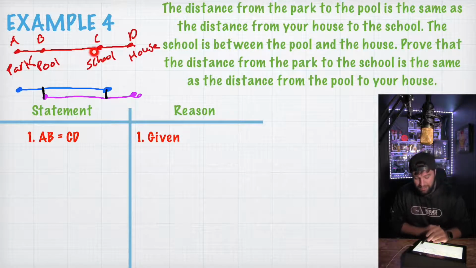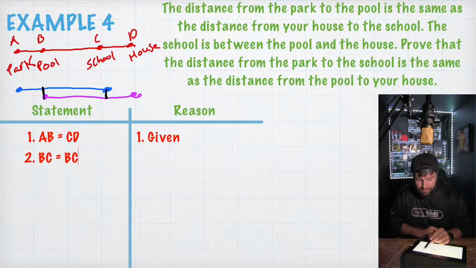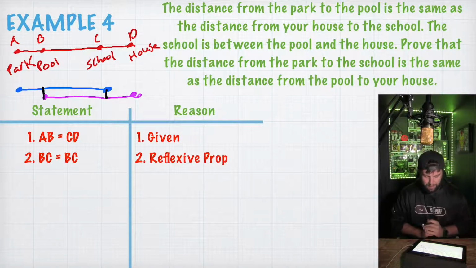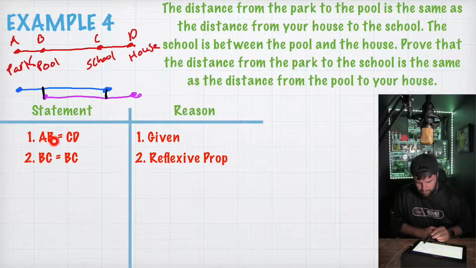So I'm going to suggest we set BC equal to BC so we can remove it from each side of the equation. The reason we know BC is equal to BC is the reflexive property. Now we can add BC to each of these.